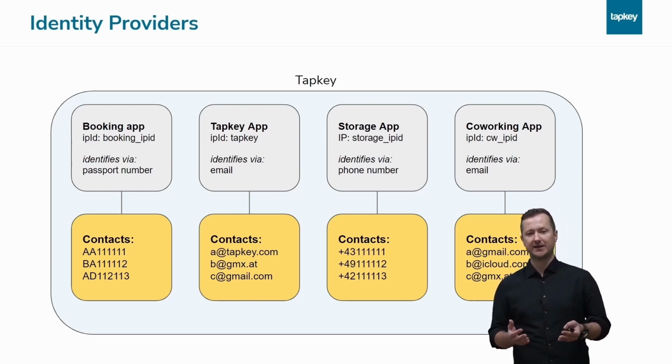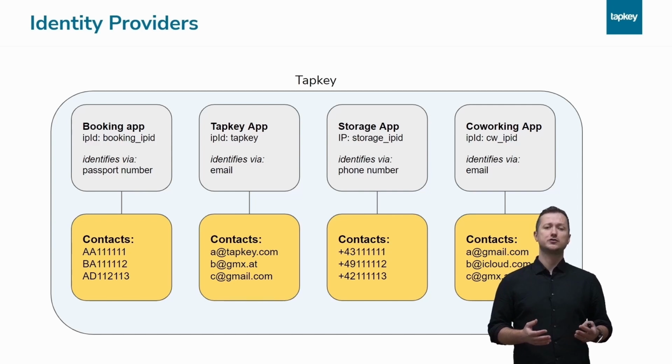Specifying a mobile credential's identity provider, therefore, usually means the same as specifying the app that a certain mobile credential should be used with. Any app can register its own identity provider within the Tapkey ecosystem. If you want, for example, a mobile credential to be used with the Tapkey app, use Tapkey as the identity provider ID.